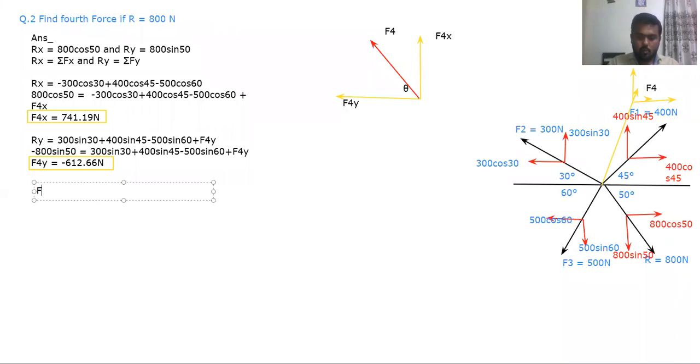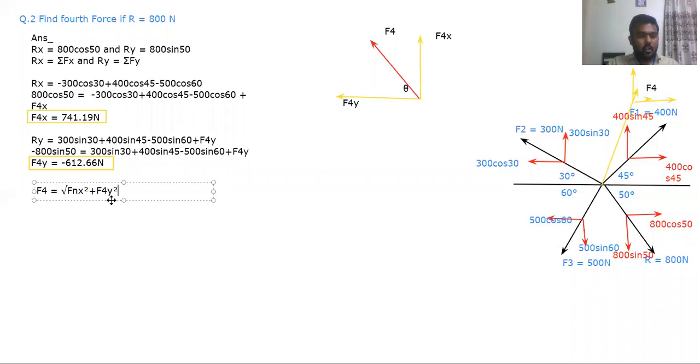So the formula for F4: F4 is equal to square root of F4x square plus F4y square, correct?